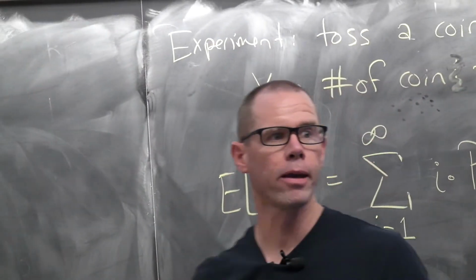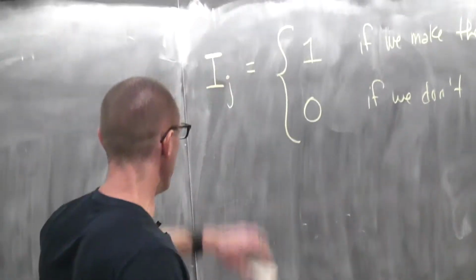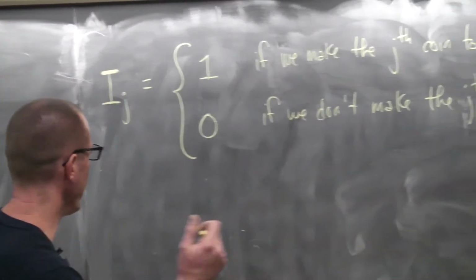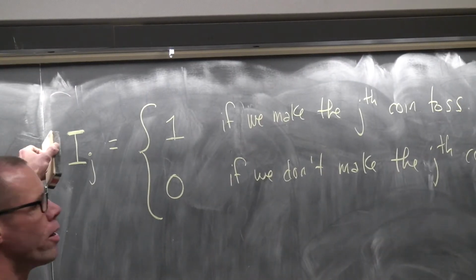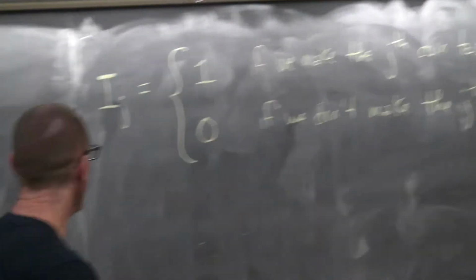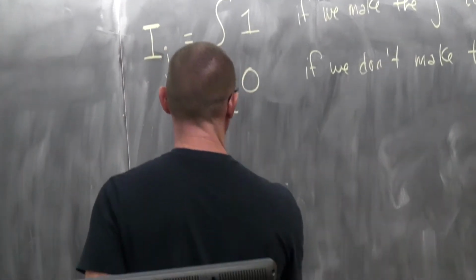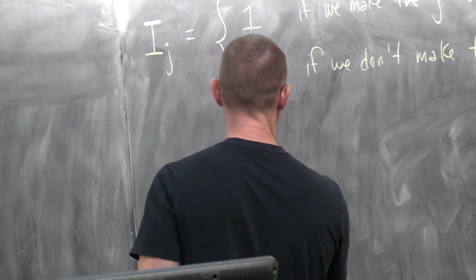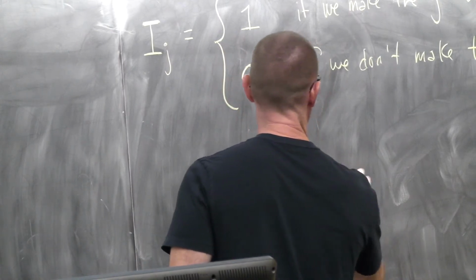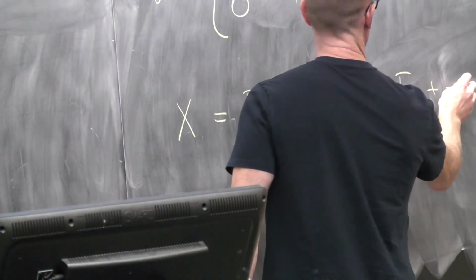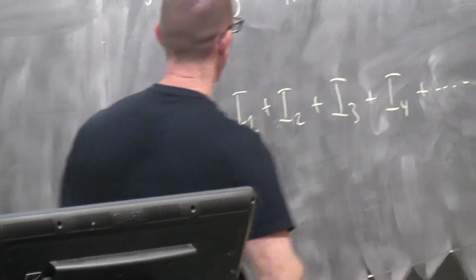So the thing I'm trying to count is the number of coin tosses we make. I define this sequence of variables, I sub j, where j goes from 1, 2, 3 up to infinity, that tell us whether or not we make each coin toss. So I can redefine my variable x as I1 plus I2 plus I3 plus I4 and so on.